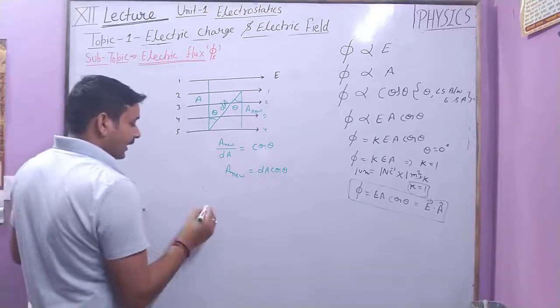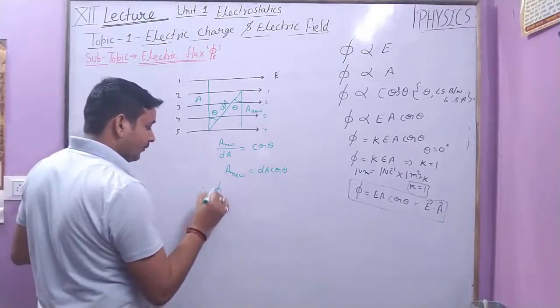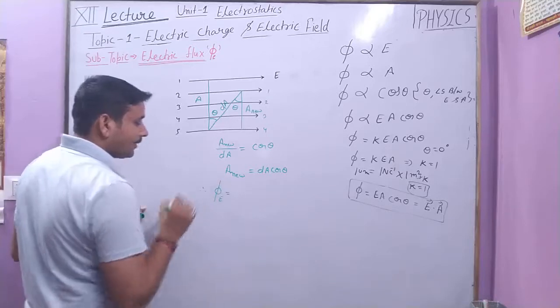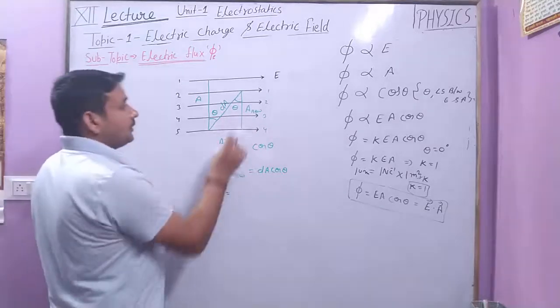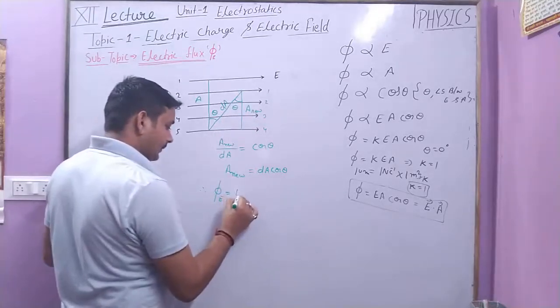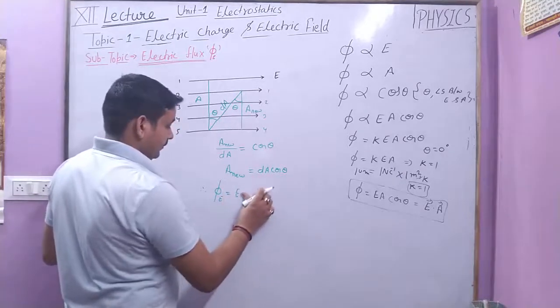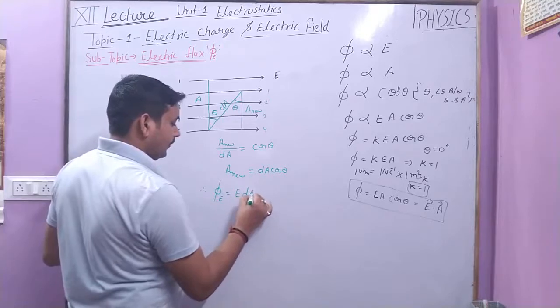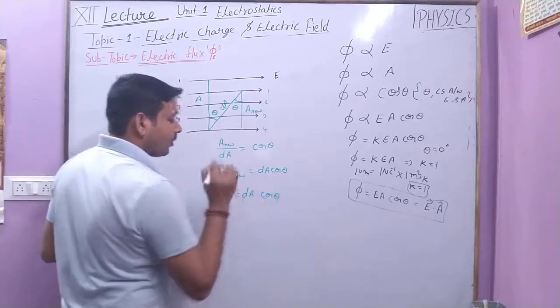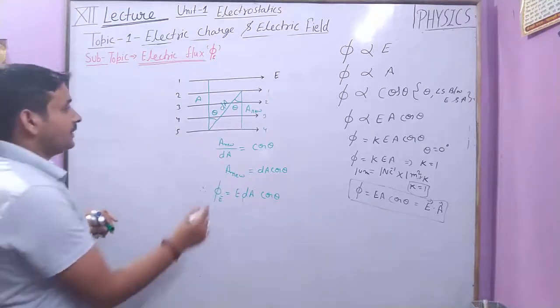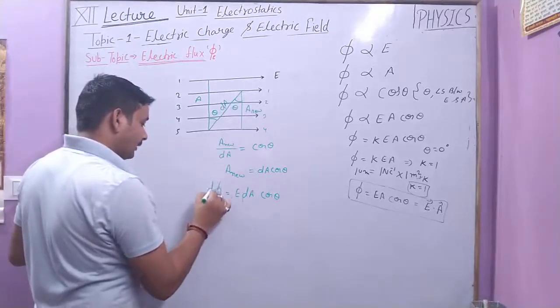Therefore we can say that the electric flux linked with the new surface is E dA cos theta. This is a small electric flux.